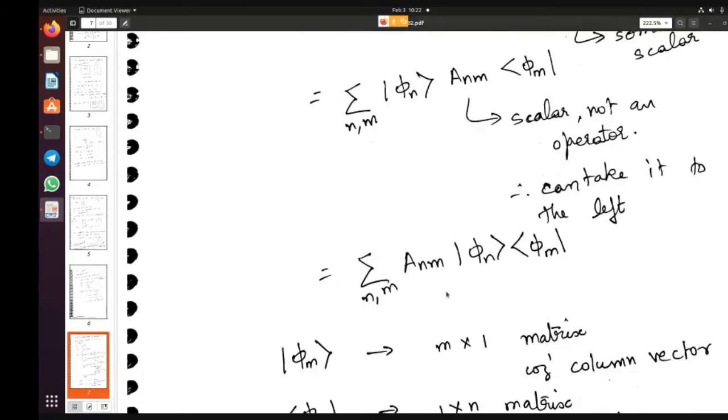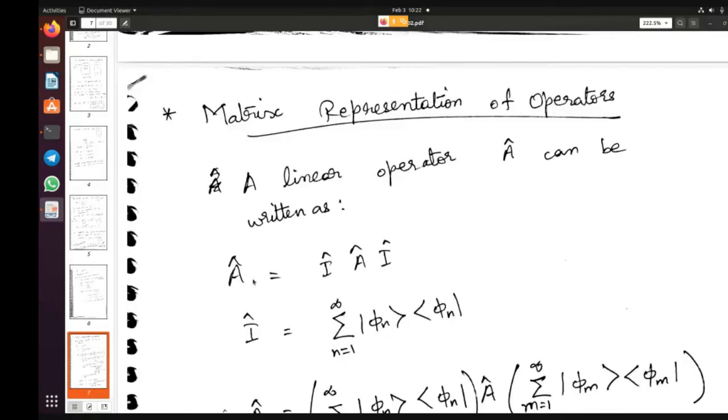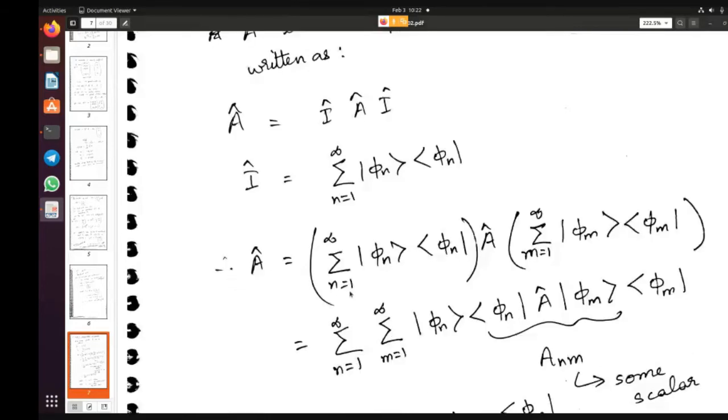So any operator A, this is the representation of the operator in terms of some basis set. Suppose you're given a basis set and you're given an operator, and they say, now convert this operator to another representation which is in terms of a basis set. Then this is how you're going to do it.